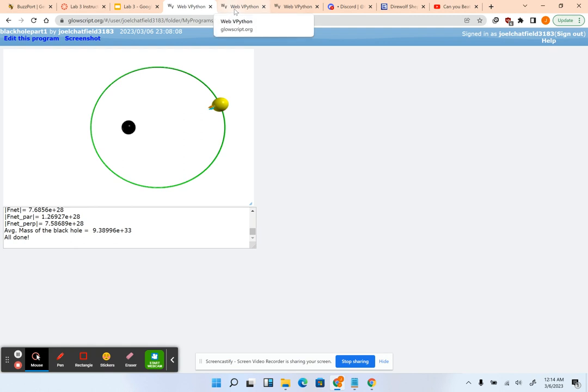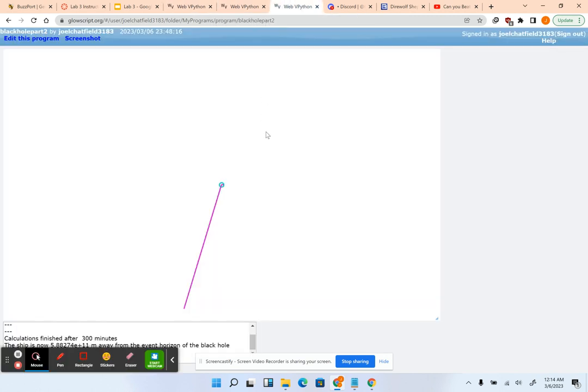And then, of course, we also have the second equation, and the code for it looks very similar. You just find the effects of forces on the ship and the planet by the black hole and each other. And then you end up with this final representation. That small cyan circle is the movement of the planet, and the magenta line is the total distance and motion created by the ship.